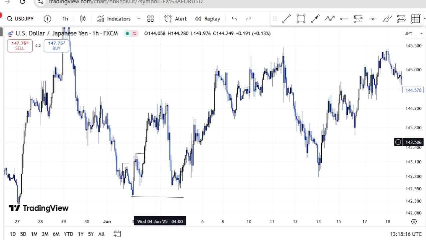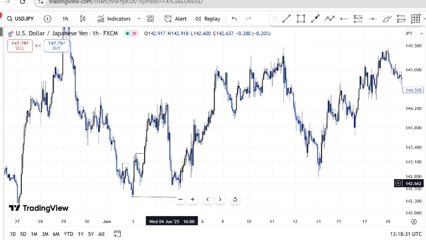The market is bullish. The structure of the market is already turning from bearish at this point to a bullish market. So what do you want to see? You want to see continuation of this market to the upside.